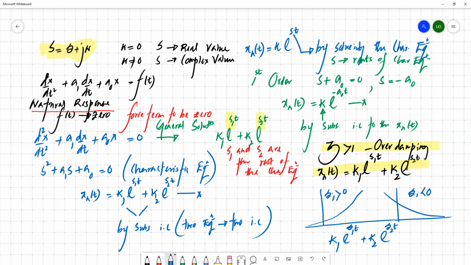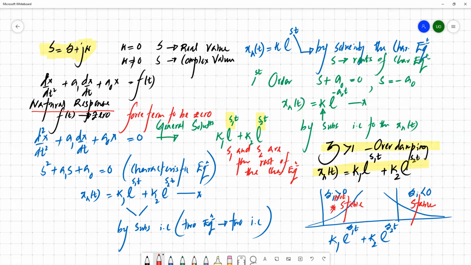If you have a negative exponent, you end up with a decaying type of function, so it converges to 0. If you have positive values for this exponent, it is an exponentially increasing function. So we claim that this type of nature is not stable, and this would be a stable system.